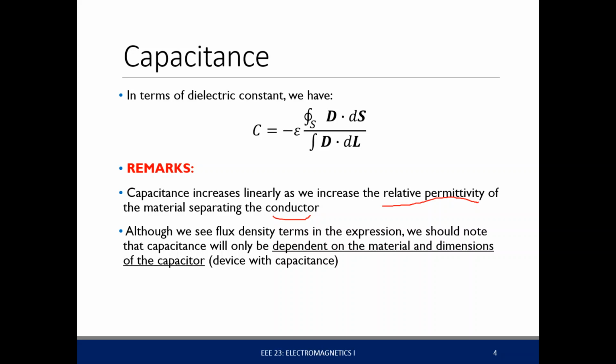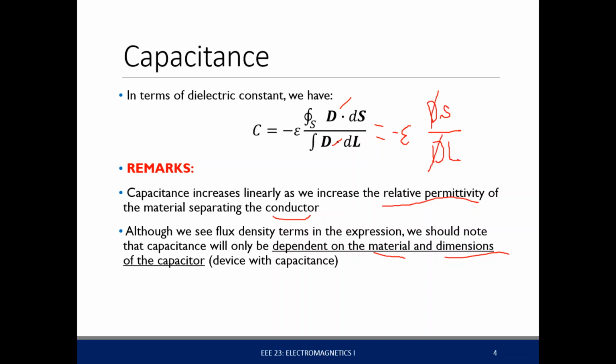And although we see a flux density here and here, the capacitance will actually only be dependent on the material and the dimensions. Okay, if you have a uniform D, it will become something like this: D times S over D times L.